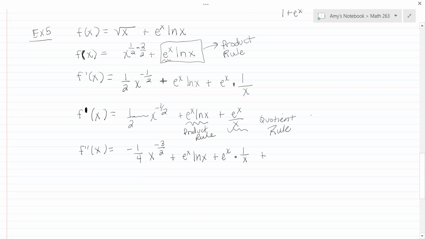So quotient rule says low d high minus high d low over low squared. So you have low d high, the derivative of e to the x is e to the x, minus high d low, the derivative of x is 1, all over low squared.